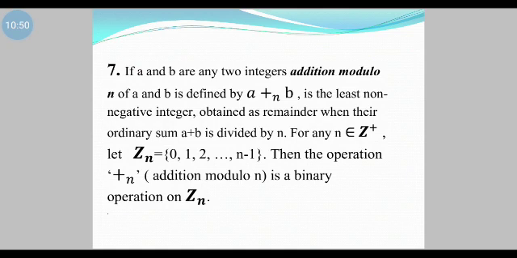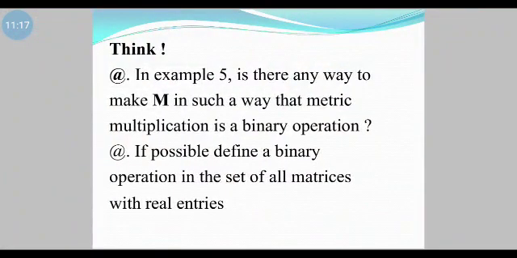Then addition modulo 3 is defined here like 1 plus modulo 3 2 is equal to adding 1 and 2, then we get 3, dividing 3 by 3, the remainder is 0. So the resulting element must be 0. 0 belongs to Zn. So addition modulo n is a binary operation on Zn.